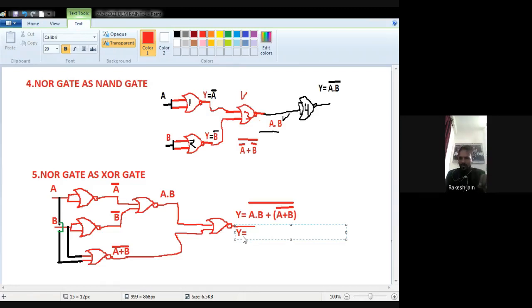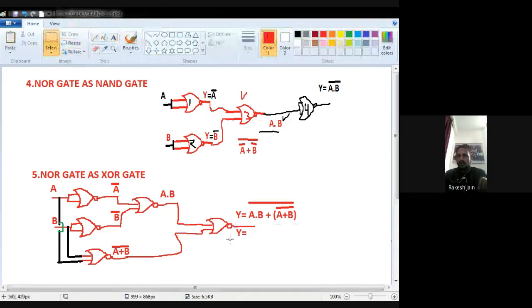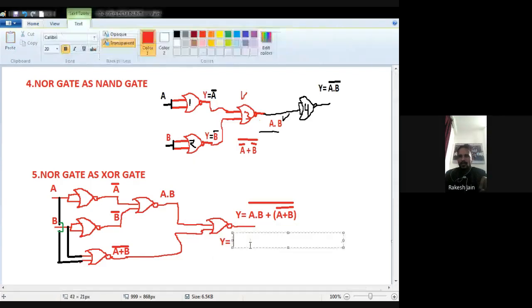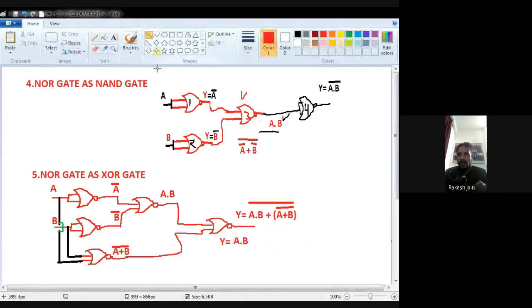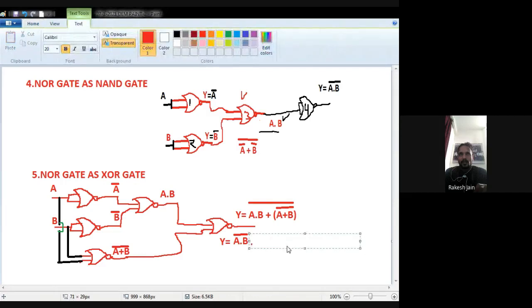So the first thing is A dot B, written with an individual bar. Then the plus will be converted into dot, the addition will be converted into multiplication.